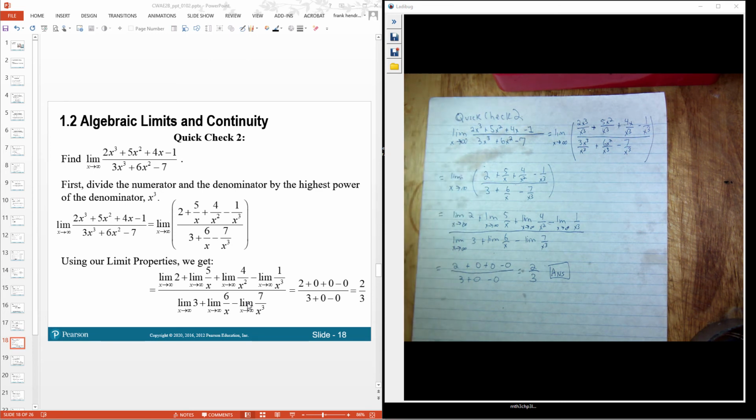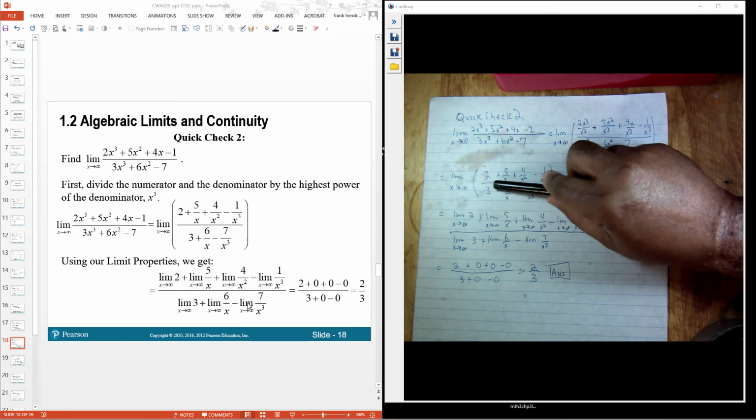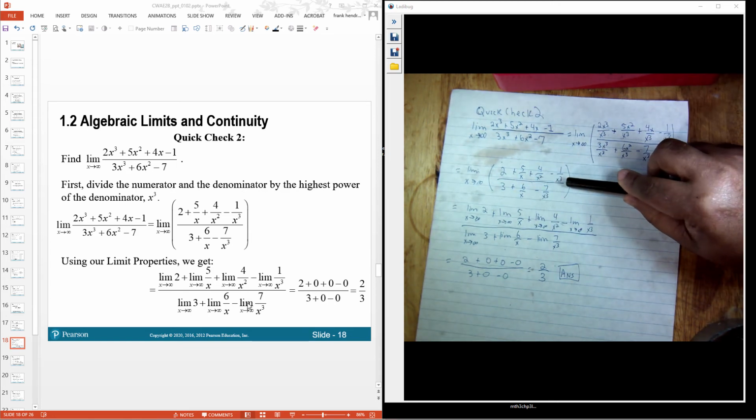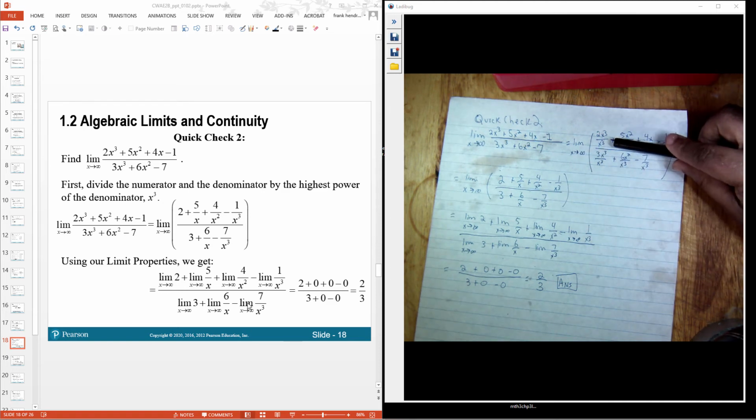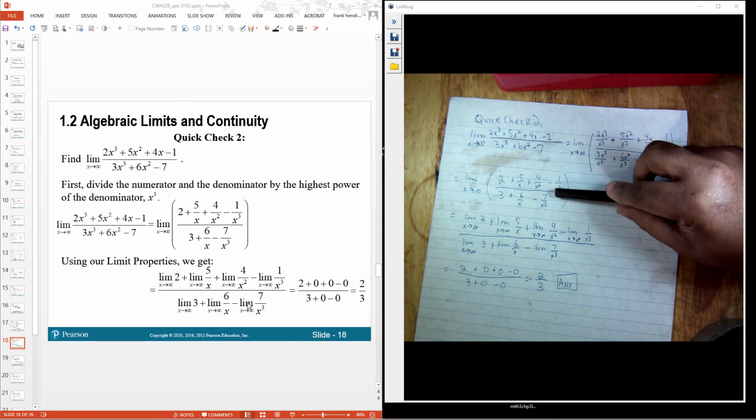This one here, go through the same process, dividing by the highest power of x here. Then we take the limit, we simplify it. See how the x cubes cancel? So that's how we get that right there.